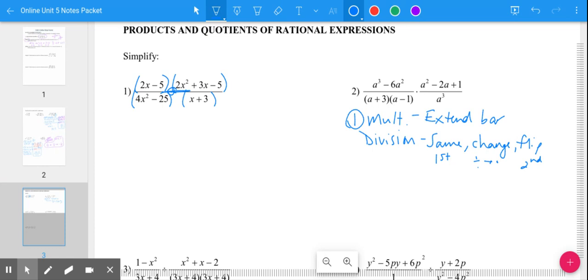Then after that, once you convert it to a multiplication problem, if it's not already one, then we're really just looking at simplifying rational expressions the way we did before. So as a refresher, at that point, we're going to factor everywhere. So we're going to factor the top, the bottom.